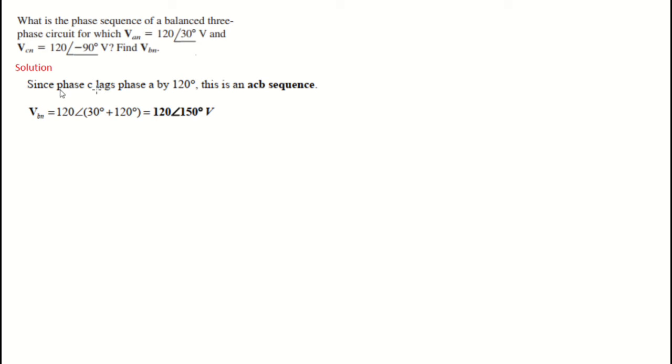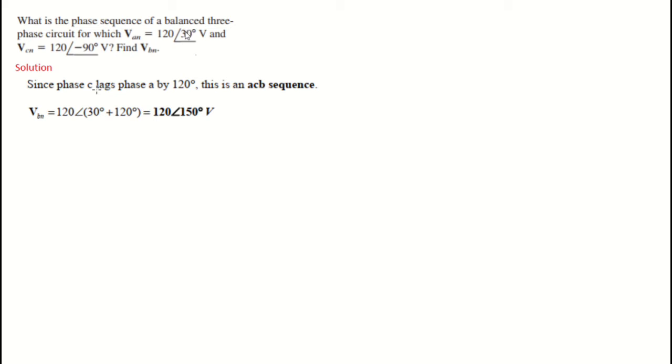So the solution here says phase C lags by 120 degree. So basically this is ACB sequence. So how do we know that this is lagging 120 degree for the phase C? We know that the difference between phases is 120 degree, right?